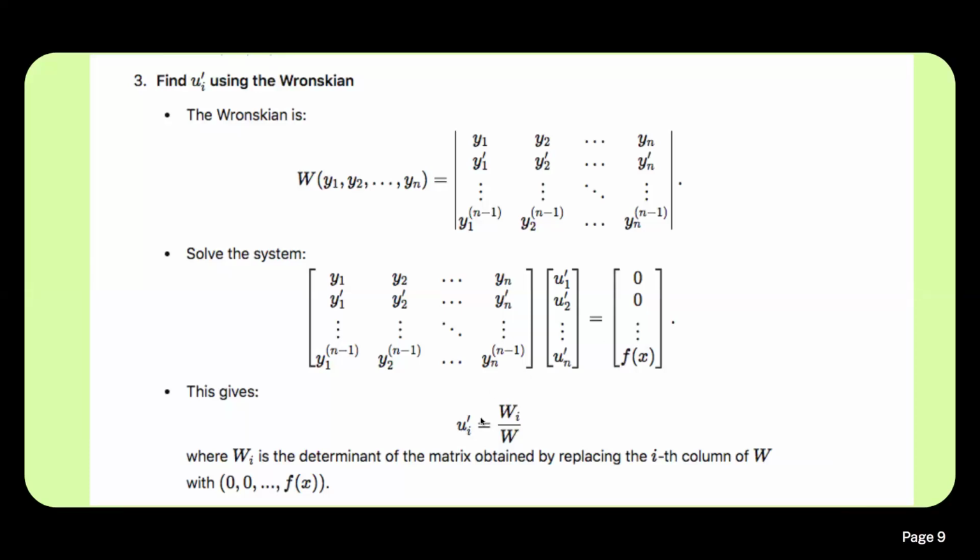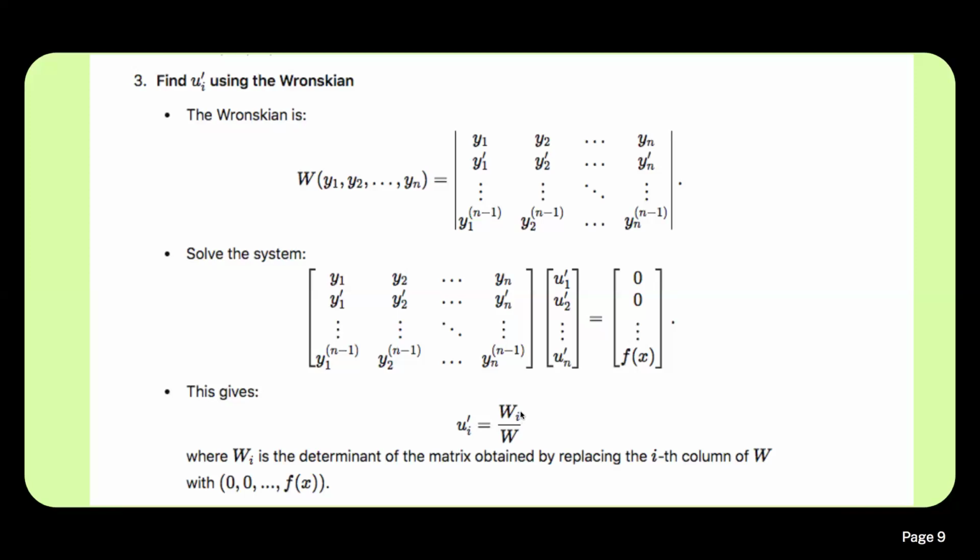So let's see, u1 prime equals w1 divided by w, okay? The w is made of all the fundamental solutions of the homogeneous equation, then differentiated until n minus 1. This is w, okay?